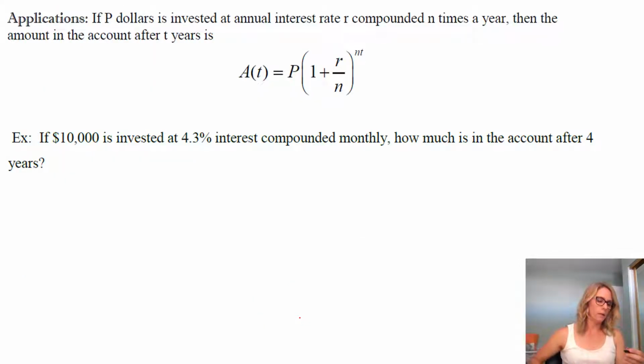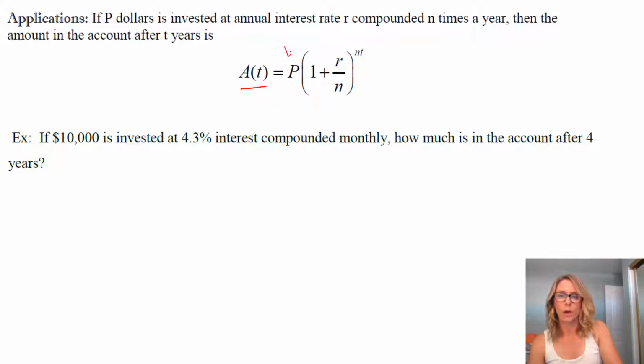I have it again up here so that you can see it while I'm working on this problem. This is the amount that you have over time based on how much you invest and the rate that you're receiving on the investment. We have our n here, which is how many times per year the money's being compounded, as well as how many years it is being compounded for, the t.